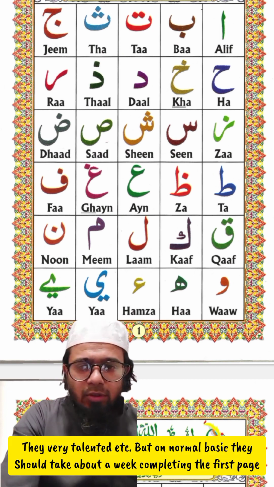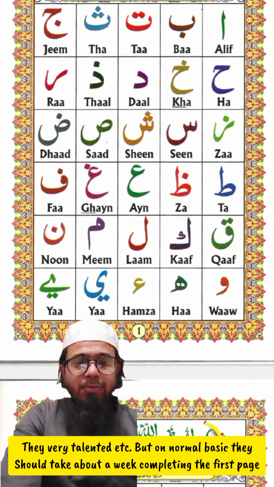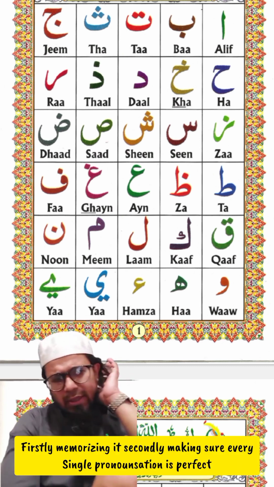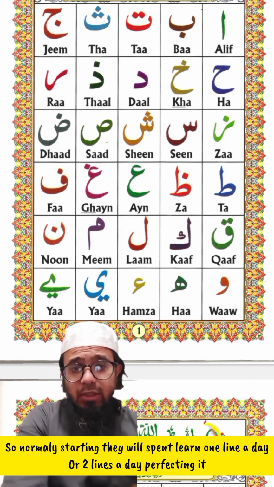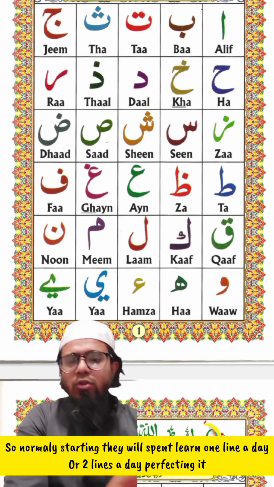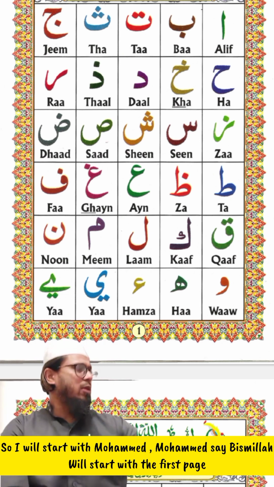But on a normal basis, they should take about a week completing the first page. First of all, memorizing it. Secondly, making sure every single pronunciation is perfect. So normally a 5-year-old starting would learn 1 or 2 lines a day, perfecting it. So inshallah, we'll start with Muhammad.